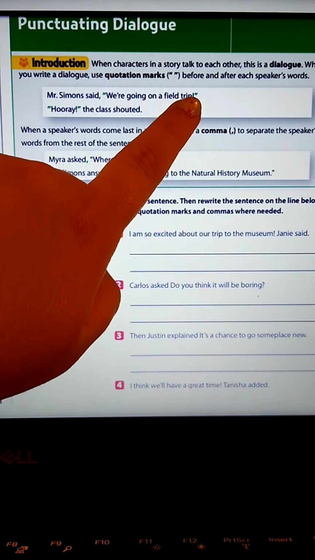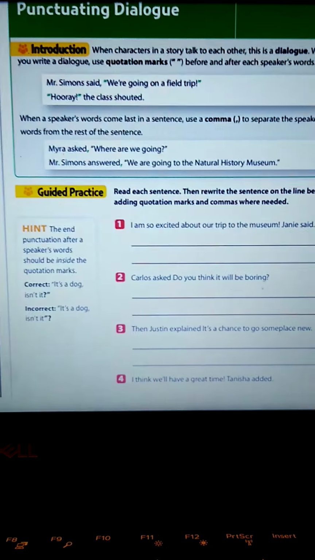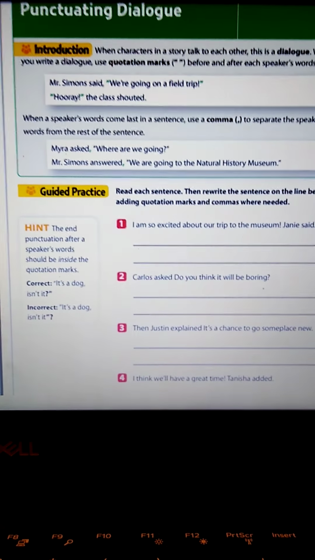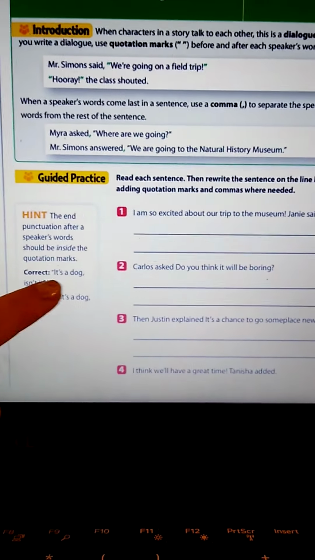So just like I told you up here, the punctuation goes inside the quotation mark if that is where the end of the sentence is. So a correct example is, "It's a dog, isn't it?" Question mark, then the quotation mark. Incorrect would be, "It's a dog, isn't it"? Quotation marks, and then the question mark.